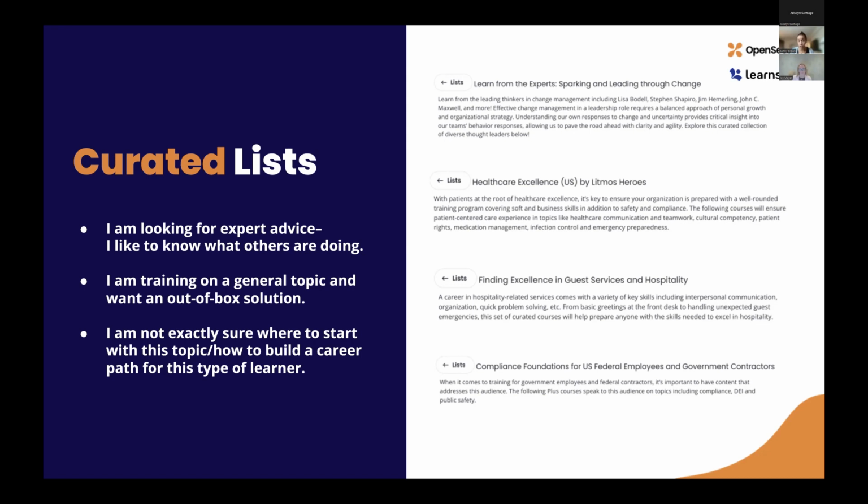So you can search anytime we're noticing a trend, whether it's for a specific industry, a trend in L&D, or a trend in the types of requests that we're getting. Our team will put together a list of courses that take a deep dive into that topic and will help an individual who wants to learn more about that topic really progress along the way as they take the courses.